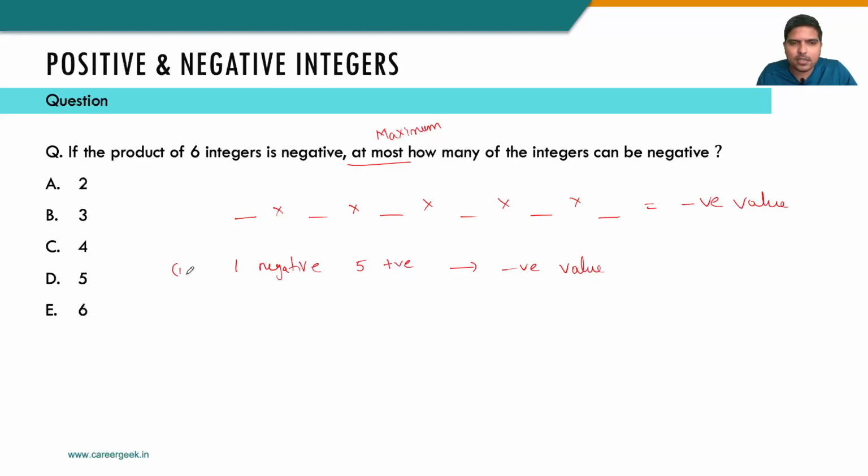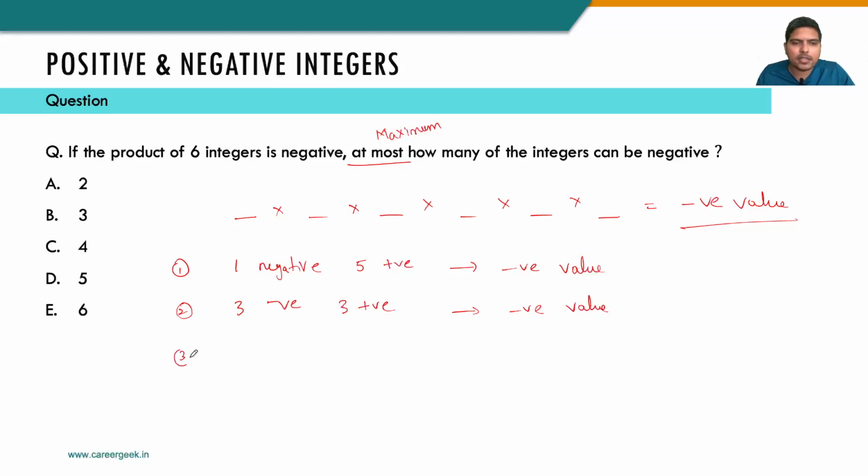The second case: if I have 2 negative and 4 positive, I'll get a positive value, right? I have to have a negative value. So I look at 3 negative and 3 positive. Still I'll get a negative value.